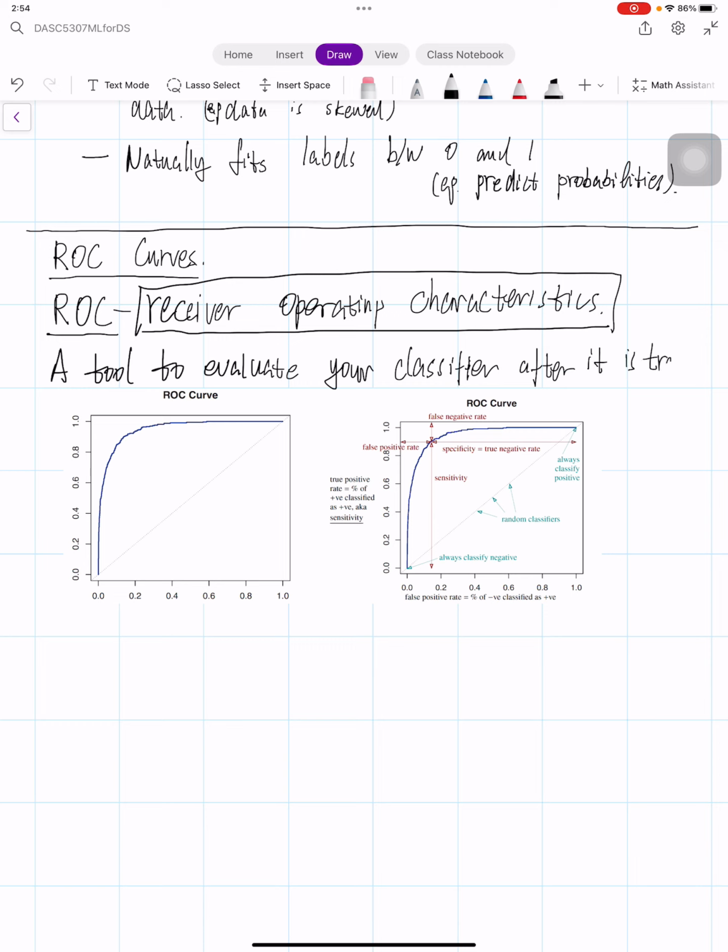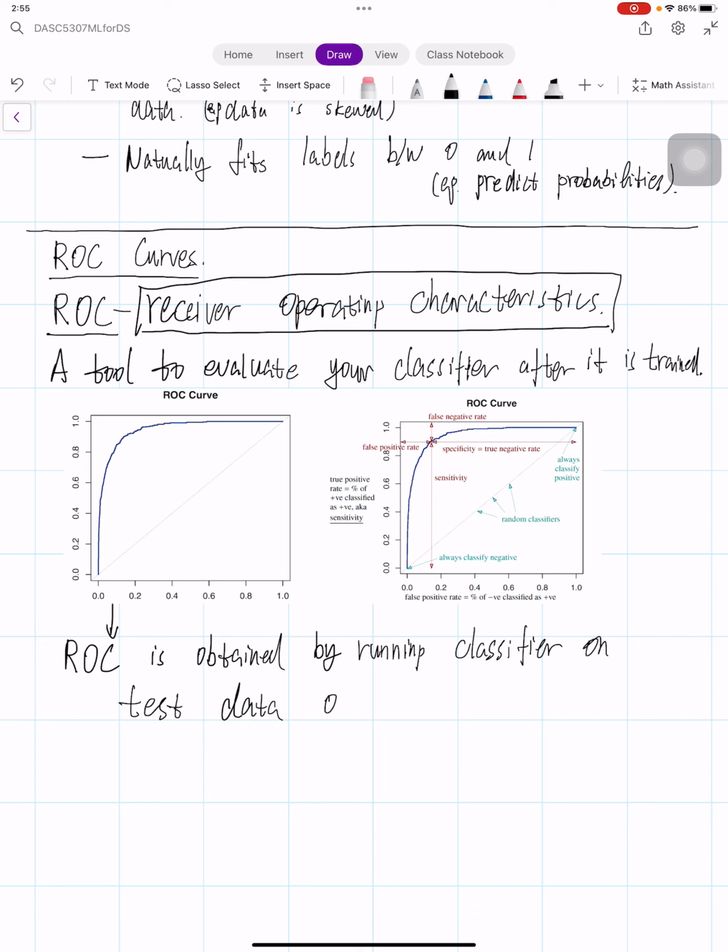It is a graphical tool. The ROC curve is obtained by running the classifier on the test data set or validation data set.